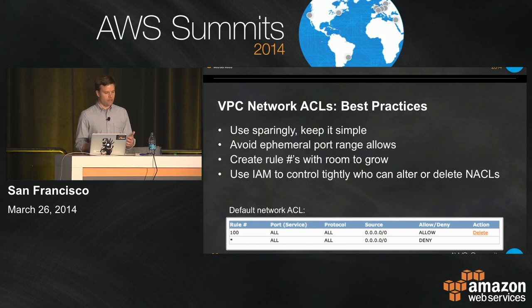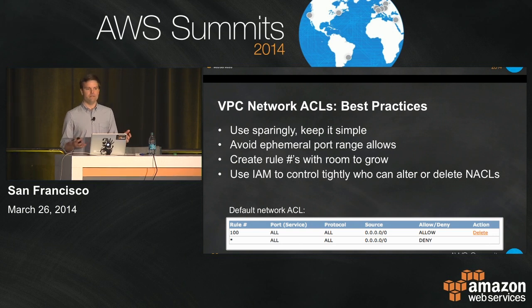Create rule numbers with room to grow, so you leave nice big chunks between all your rules, so when you forget something, you can come back and very easily be able to insert them. And then finally, a very important point is use identity and access management to control very tightly who can go in and edit your network ACLs. And this goes in general good practice for IAM, to make sure that the people who are responsible for the network are the only ones that can control and make changes on the network.